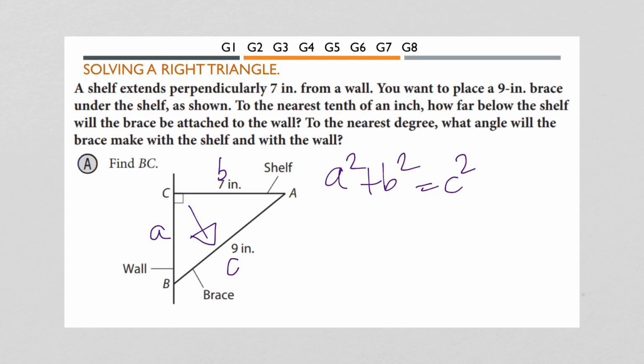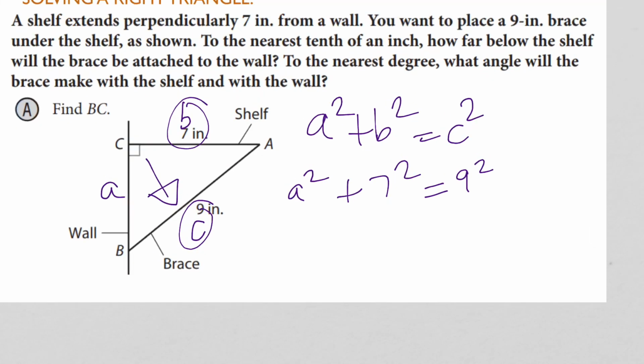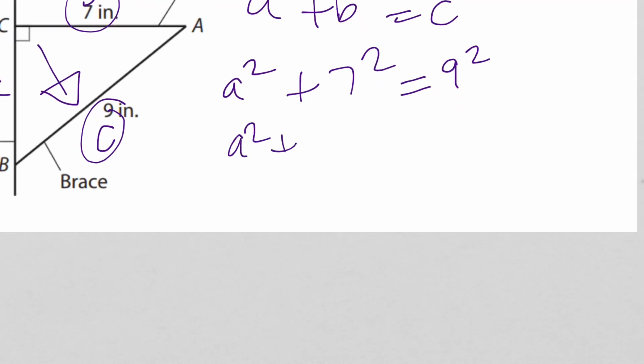We said that the A value is going to be unknown. So A squared, or BC if you want to write BC, plus B squared, that's 7 squared, is equal to 9 squared. Well, 7 squared is 49, and 9 squared is 81.